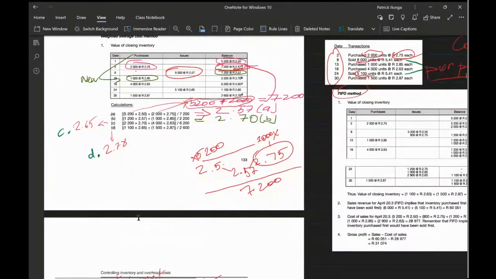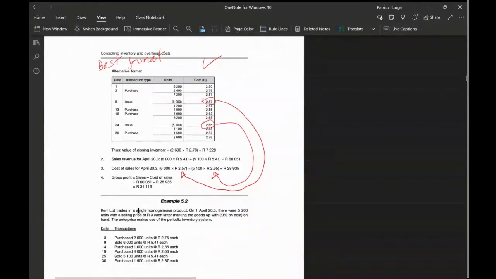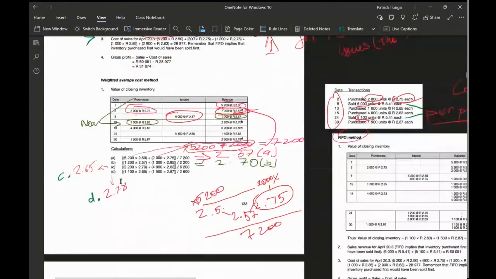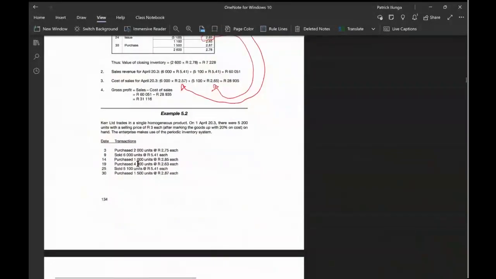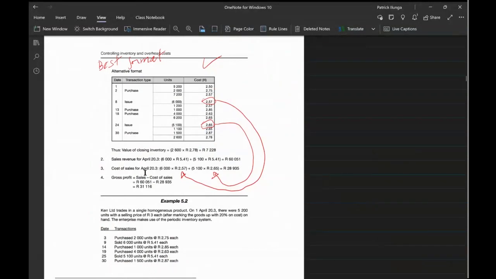But the annotation is here to provide you. Sometimes you might struggle to understand. Wait a minute. This is, for example, an example of this. Wait a minute. What are they doing here? Question number 3, they are asking you the cost of sales. So the cost of sales on April, here it is. We take 6,000 units multiplied by 2.57 and 5,000 units multiplied by 2.65.